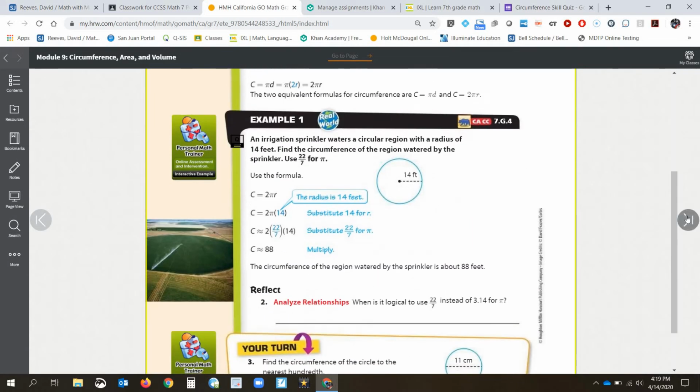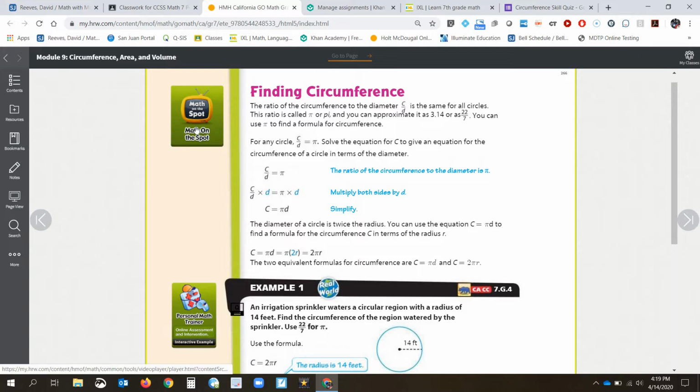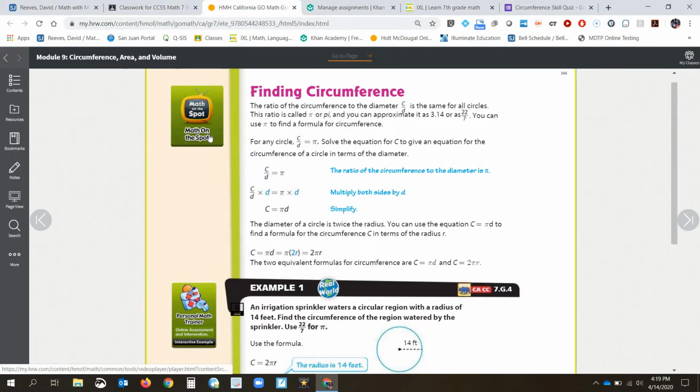These examples are good things to look at, and every time you see a math on the spot icon, that means that there is a video explaining this example. Now again, this will be the same video for which I've put a link on Google Classroom, although I don't always put a link for every video, so you can watch these videos in context right here.